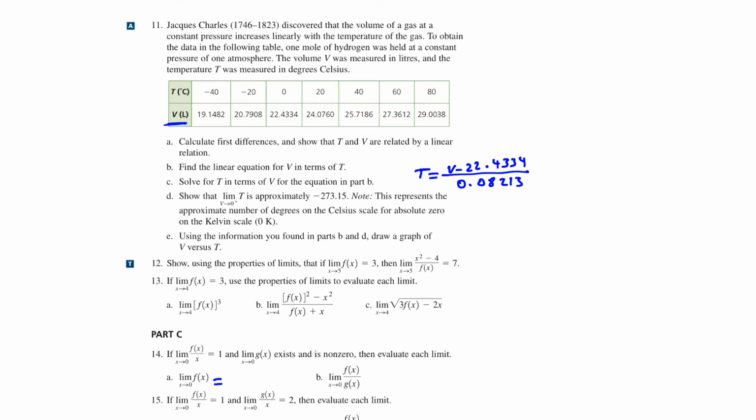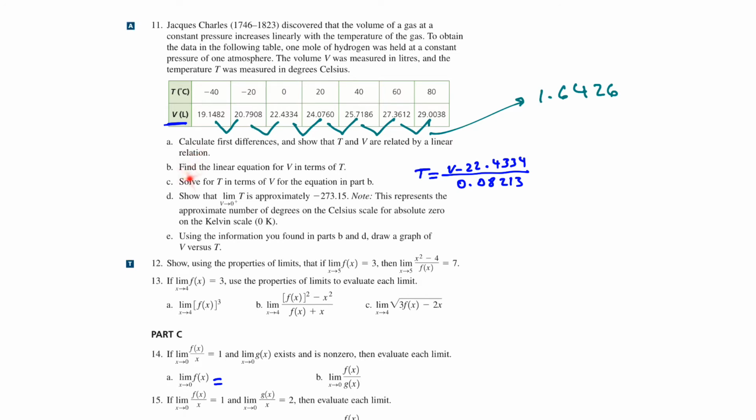To show this, we find the first difference. We see the first difference in all cases is 1.6426. Since the first difference is constant, the relationship between T and V is linear.